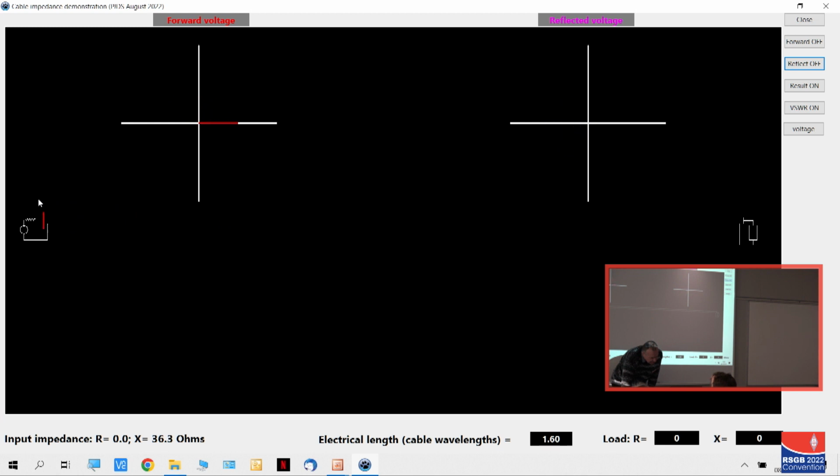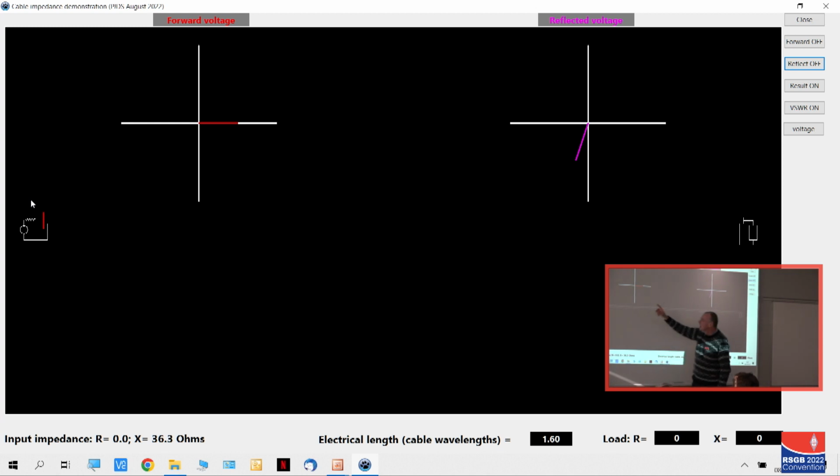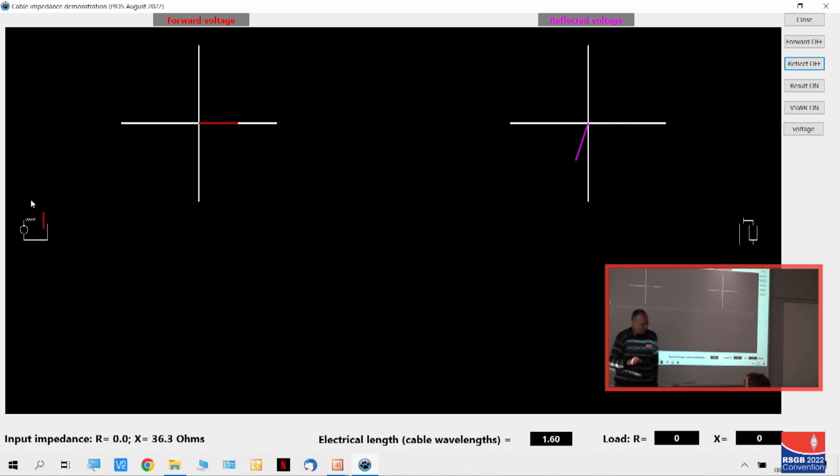When we get back to here, the forward wave is where we started, along the horizontal. The reflected wave has gone to here, so there is a phase difference with respect to the forward wave. We can add these together using the parallelogram rule, but fortunately we can just let the computer work it all out.